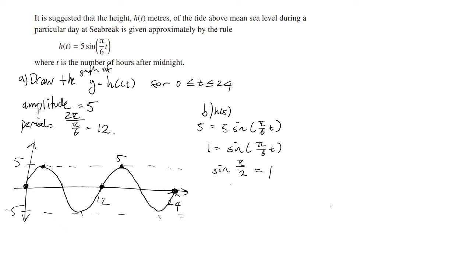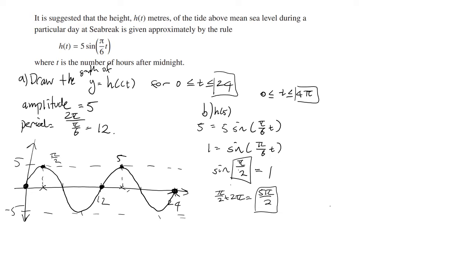And we know that the domain is 0 ≤ t ≤ 24, so pi over 6 t goes up to 4 pi, because that's 2 periods, 2 cycles. So pi over 2 can be our solution, but pi over 2 plus 2 pi, so 5 pi over 2, is our other solution, because that is in the second cycle and this is in the first cycle.